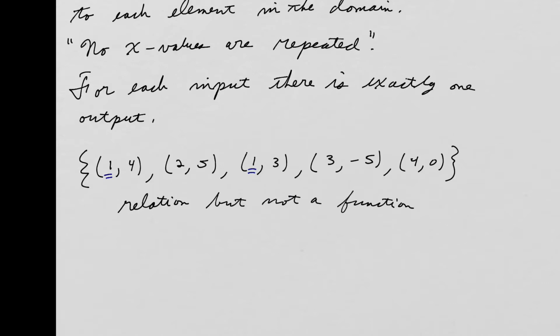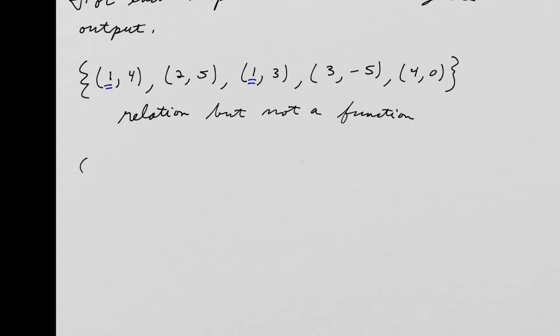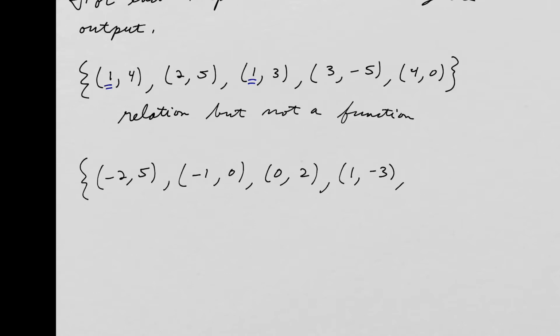Whereas if I have something like this, let's say negative 2, 5; negative 1, 0; 0, 2; 1, negative 3; and then 2, 10.